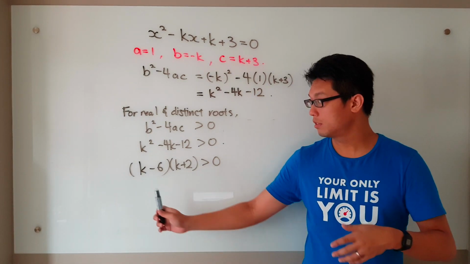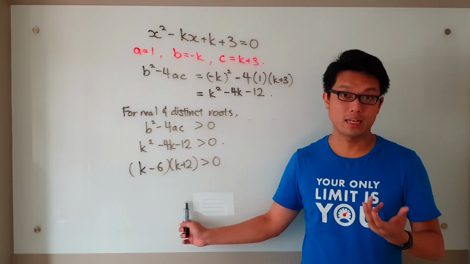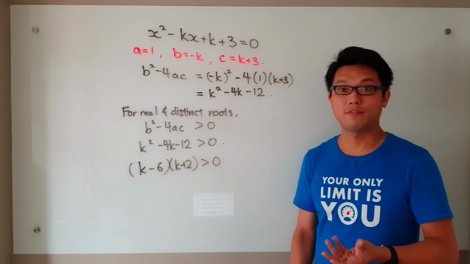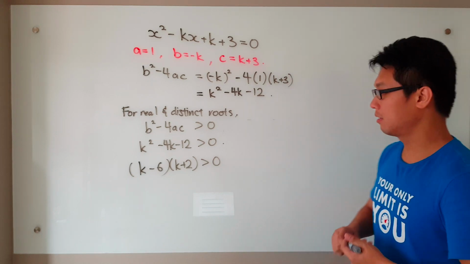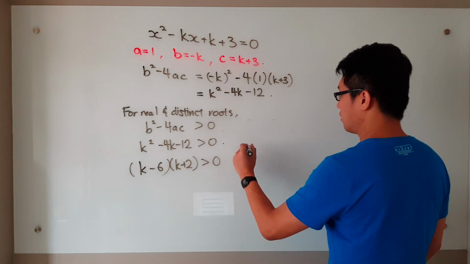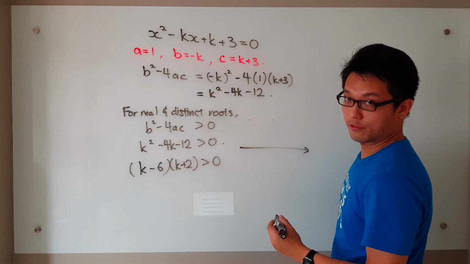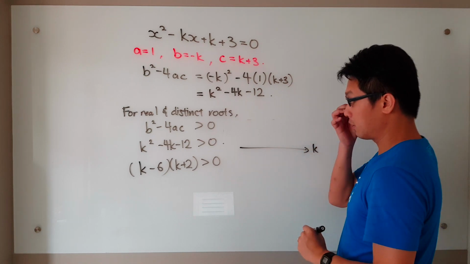Now from here, it's still a little hard for us to tell without sketching the quadratic graph. So let us first sketch out the quadratic graph to help us identify the range of values of k that we're interested in. If you were to have a quick sketch, this is a positive k squared graph.